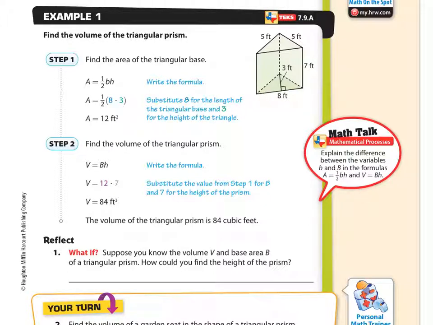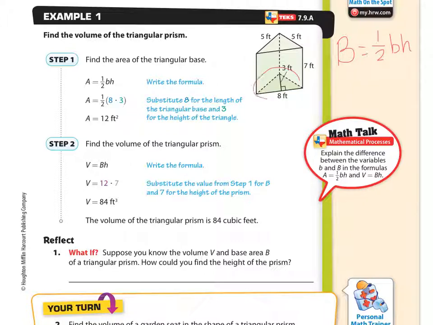In order to find the volume of a triangular prism, the first thing you have to do is find the area of the base. It's a triangular prism, so the triangle is the base. For big B, which is our area of our base, the area of a triangle is 1/2 the base times the height.